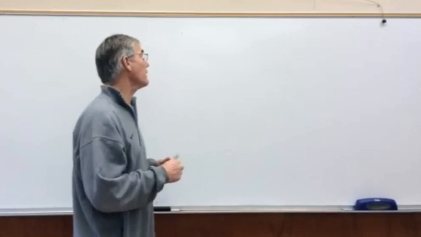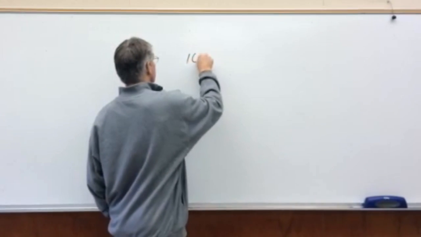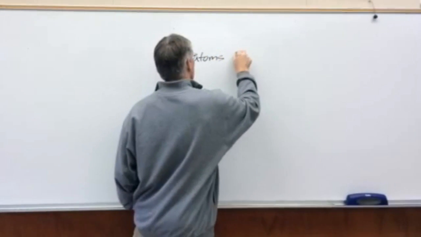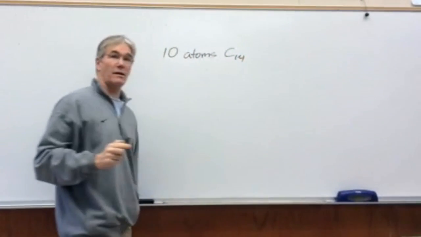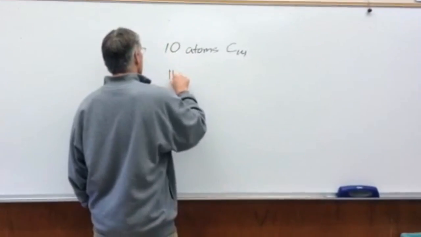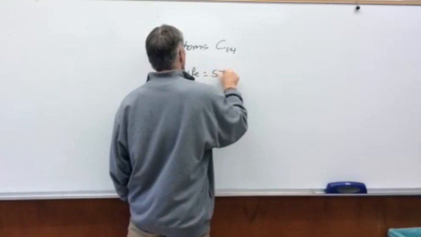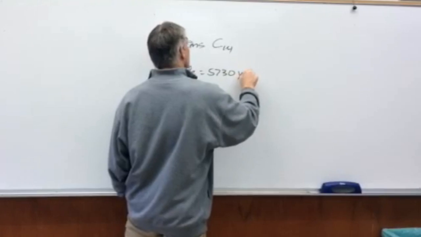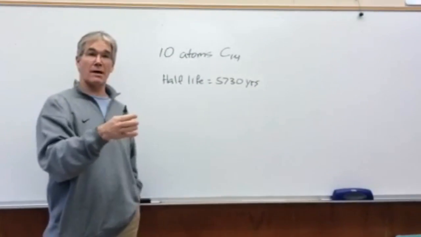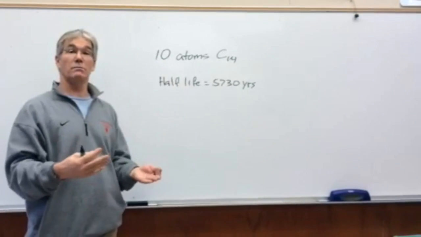So if we start with 10 atoms of carbon-14, which is a radioactive isotope, and its half-life is 5,730 years, then for every time that we come up with that amount of time, 5,730 years, the number of atoms is reduced by half.